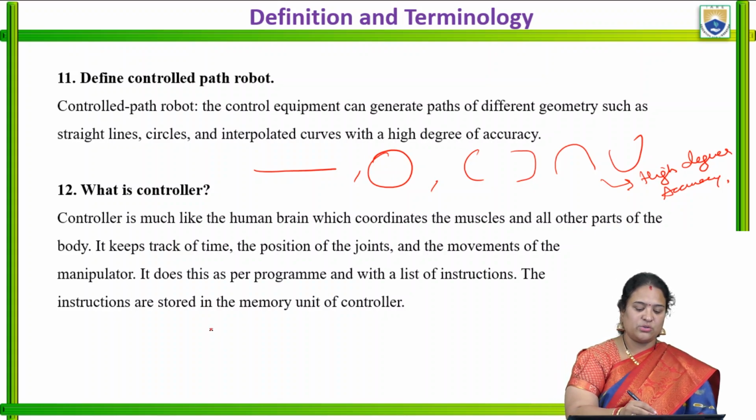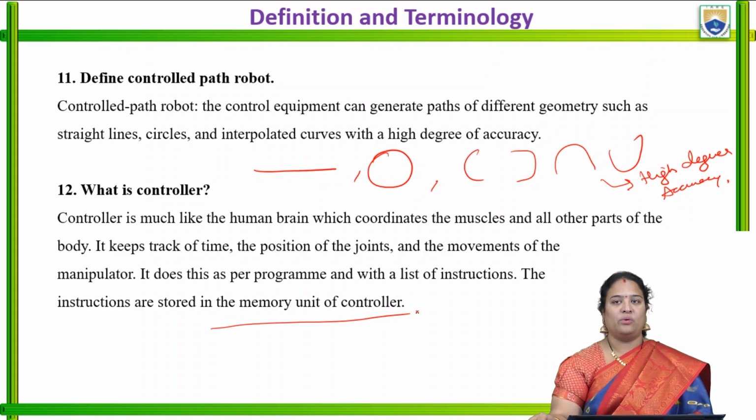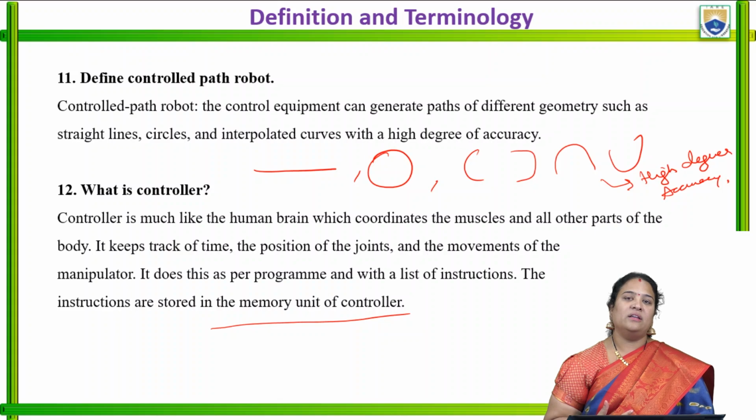The instructions are stored in the memory of the controller. As we give instructions to the robot, the controller will act accordingly, whenever required.